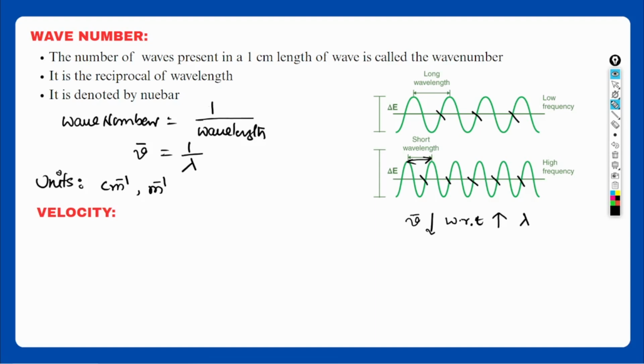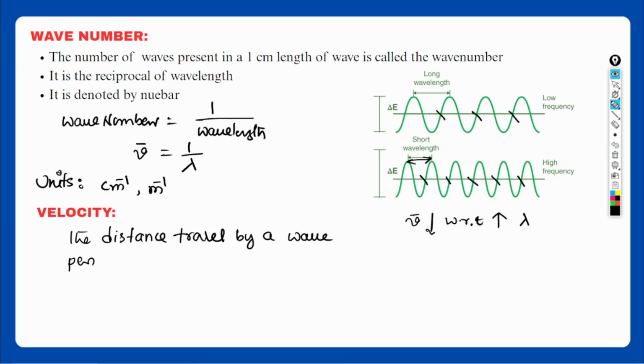This is now the last and final one, velocity. Velocity means the distance traveled by a wave per 1 second. The distance traveled by a wave per second is called velocity.